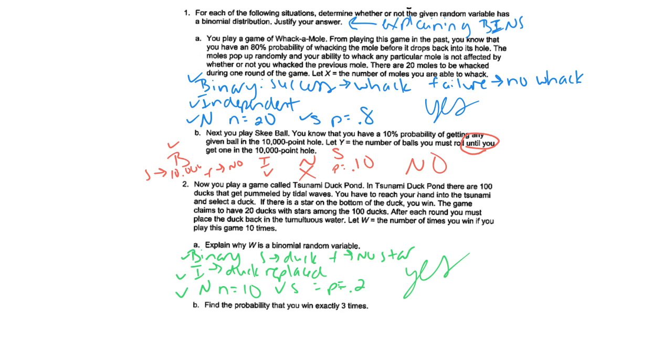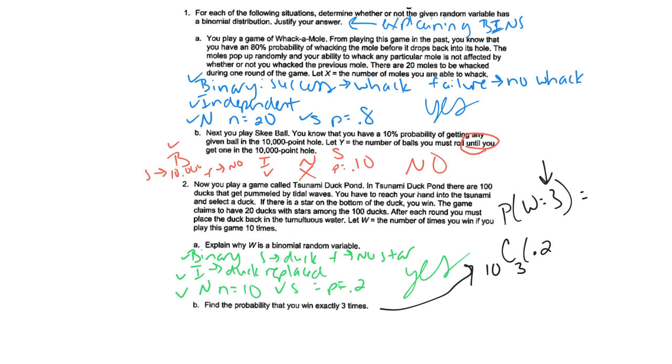And then my probability that I would win exactly 3 times. I'm going to come over here and do this off on the side so I have a bit more room. So my probability that W equals 3. Using my formula that I had before, my set number of trials is 10. C, my number of successes is 3 because I wanted the probability that I had 3 successes.